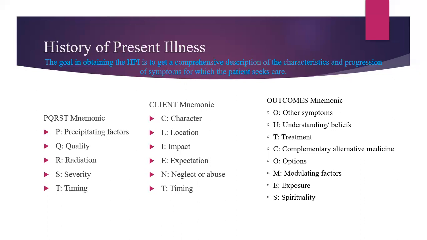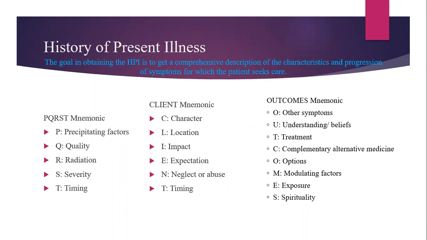And I for the impact of the symptom or illness on the patient's activities of daily life, and also quality of life. E stands for expectations of the caregiver process, and N for neglect.